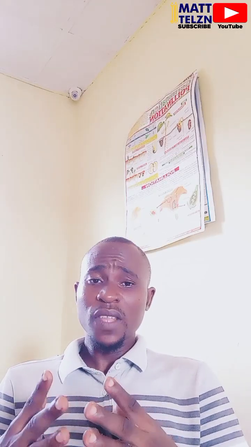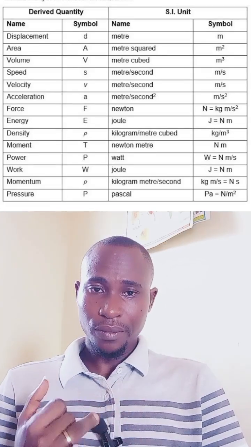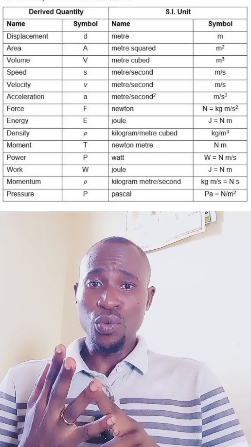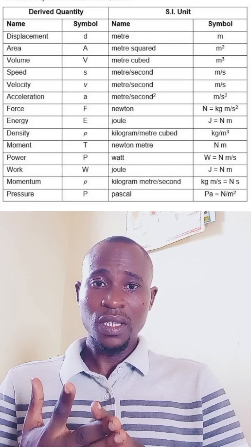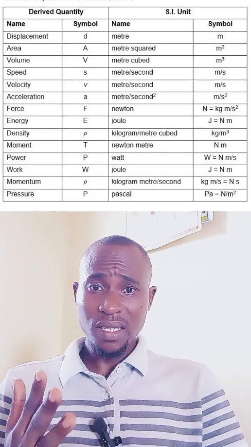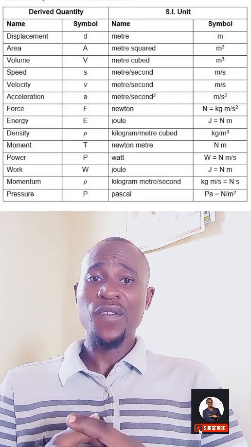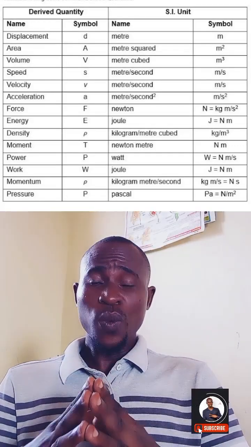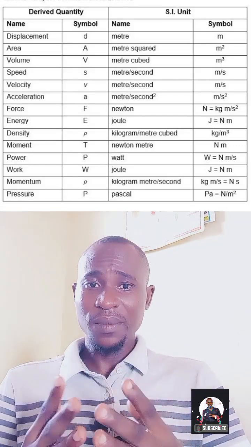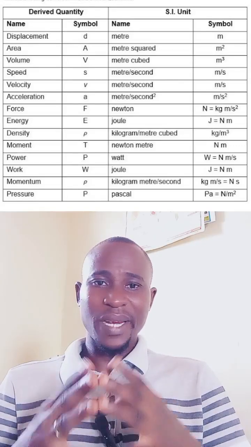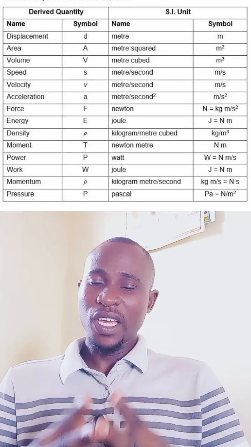Examples of derived quantities are area, volume, density, velocity, acceleration, work done, momentum, and force. They are plenty. Frequency is a derived quantity. We have a lot of them.